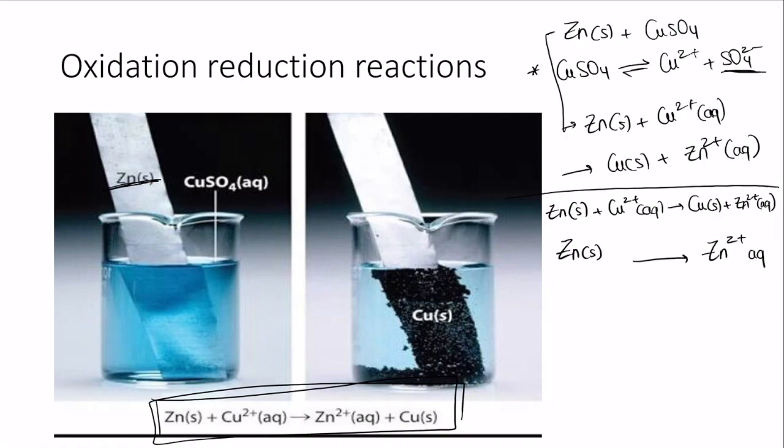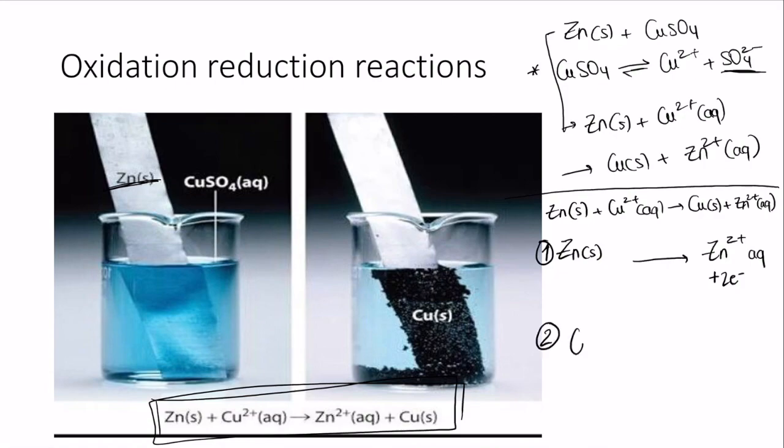What's interesting here is that the step from one to the other requires that Zn loses 2 electrons to become Zn2+ at the end of the reaction. So we started with Zn, and Zn loses 2 electrons to become Zn2+. This is first.